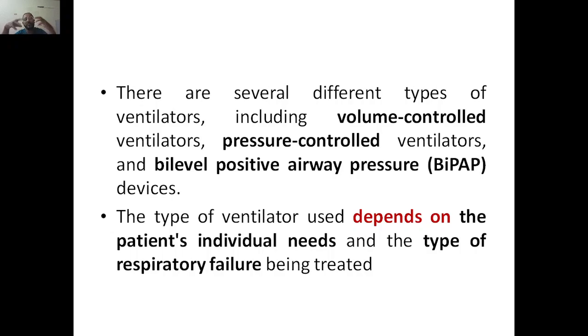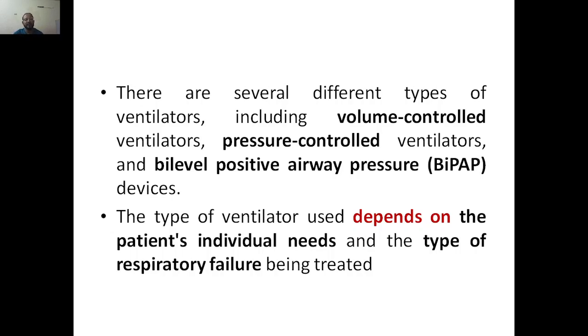In order to create a pressure difference in our lung, we use this. That's why it is called pressure controlled ventilators. Then we have bi-level positive airway pressure, that is the BiPAP device. Both levels are used here, bi-level positive airway pressure. That means for both in and out, the pressure will be monitored.